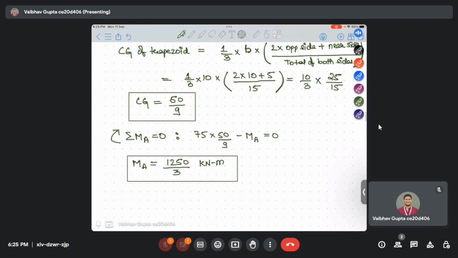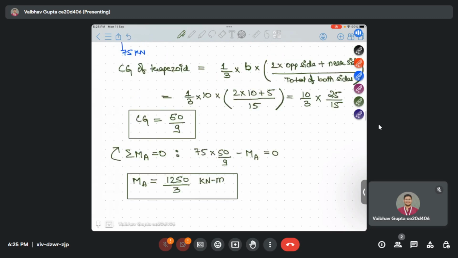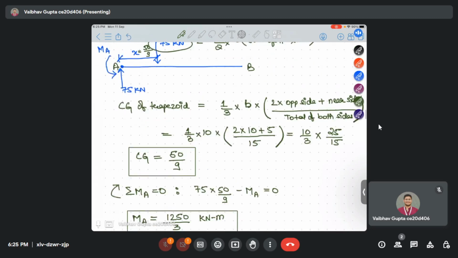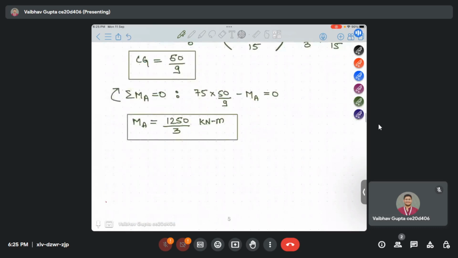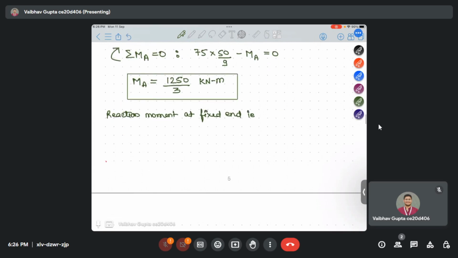Since MA came out positive, the assumed direction is correct, that is the anti-clockwise direction. So the reaction moment at the fixed end, MA, is equal to 1250 by 3 kilonewton meter.